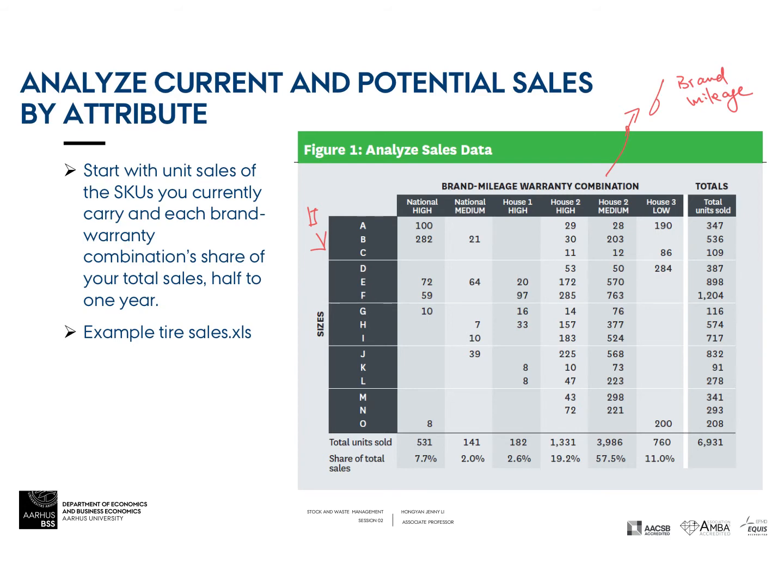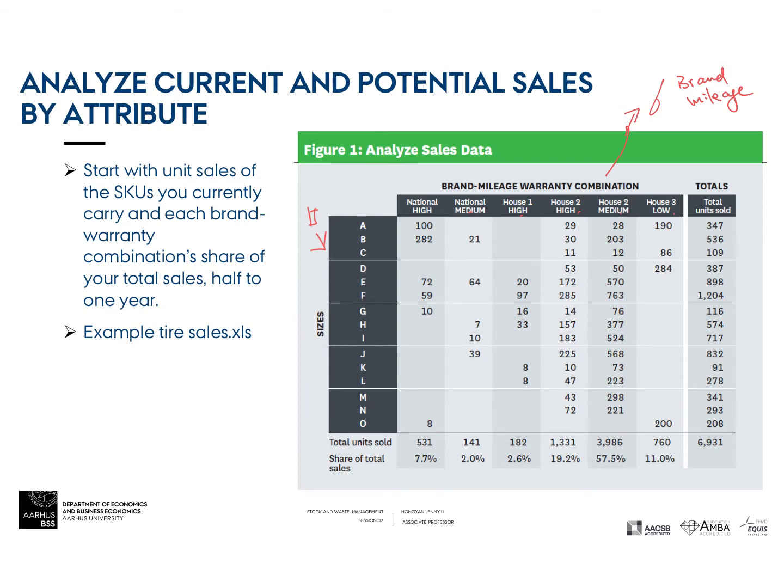For the national brand you have high and medium, for house brand 1 you have high, for house brand 2 you have high and medium, and for house brand 3 you have a low mileage warranty.